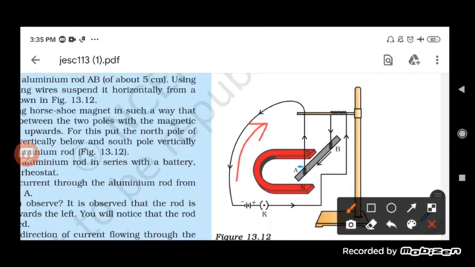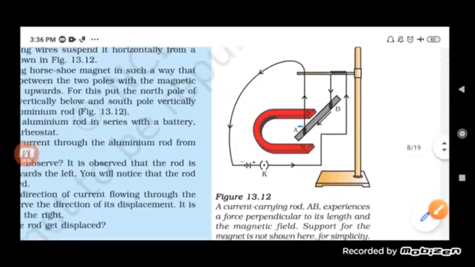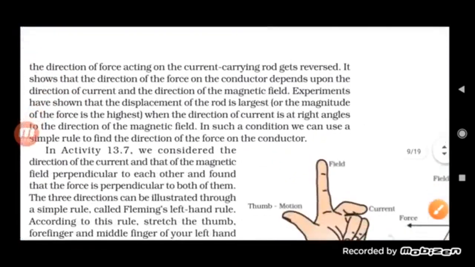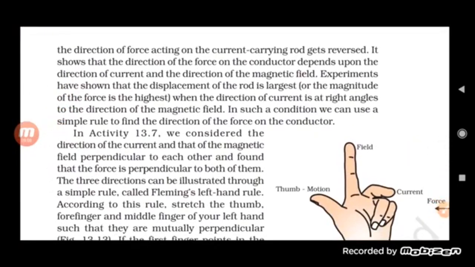Not only this, if suppose we change the magnetic field also, from north to south or south to north, then changing the direction of the magnetic field will also show the deflection in a different direction. Okay. So by this we came to the conclusion that either we are changing the direction of the current or the magnetic field, the force changes. They depend on each other.